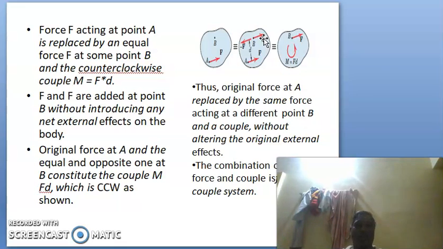Of course, when there are several moments together, we add up all the moments vectorially and represent that as a single moment, and we add all the forces vectorially and represent that as a single force.